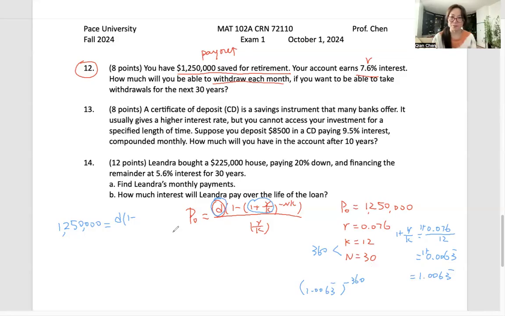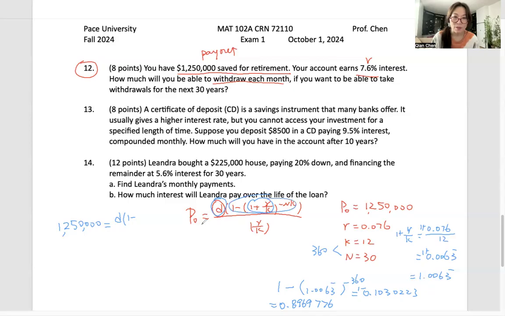Yeah, this looks right. So this number gives me 0.1030223. Okay. Then I subtract this from 1, so 1 minus this, and I get 0.8969776. All right. So we have calculated this whole thing.